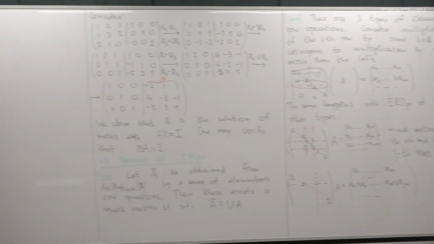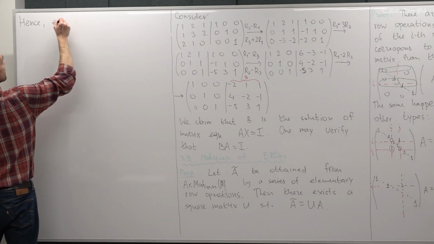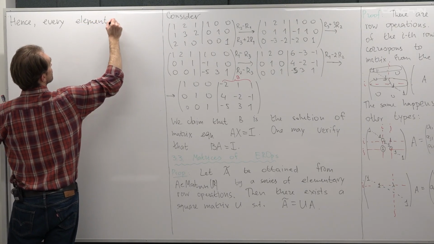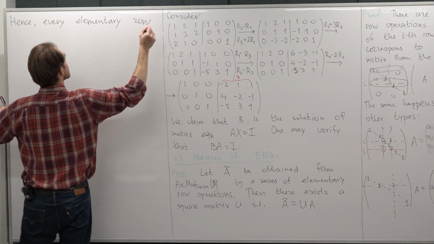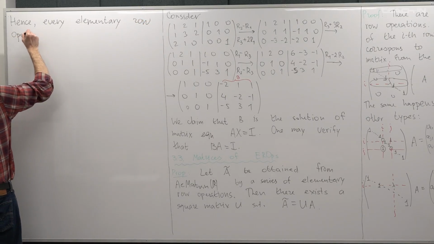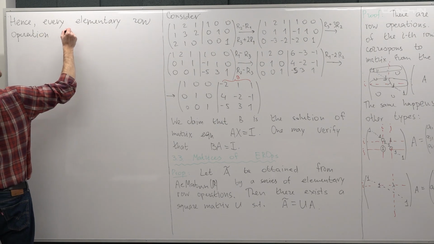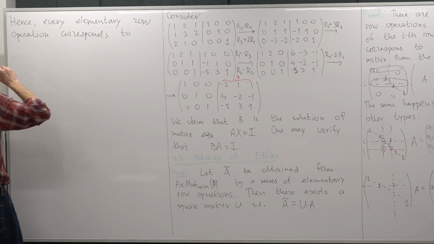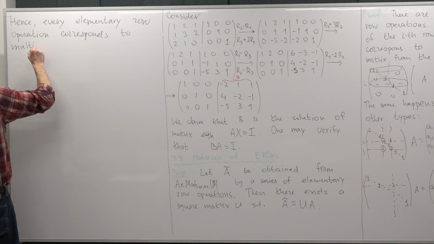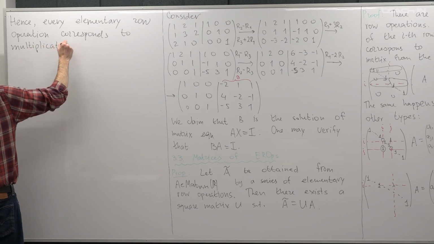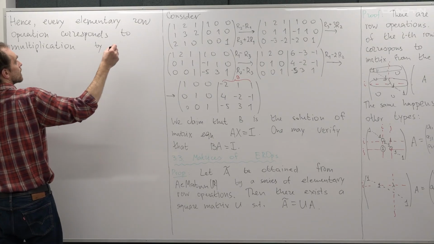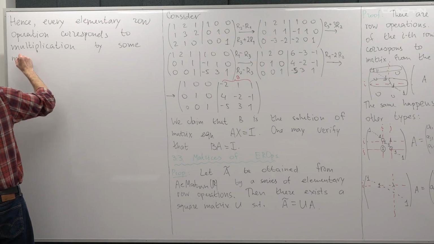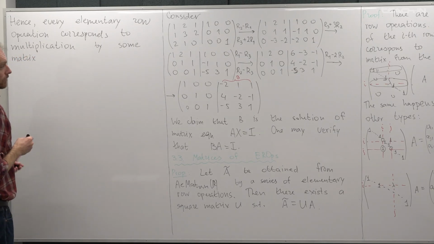So hence, every elementary row operation corresponds to multiplication by some matrix.